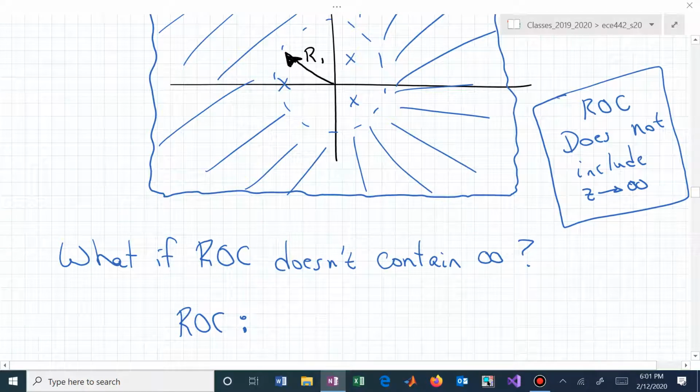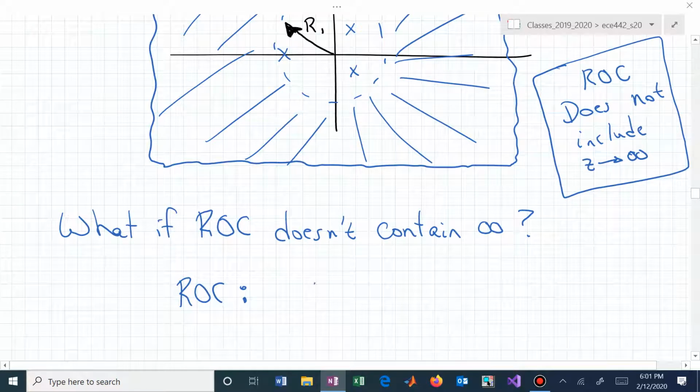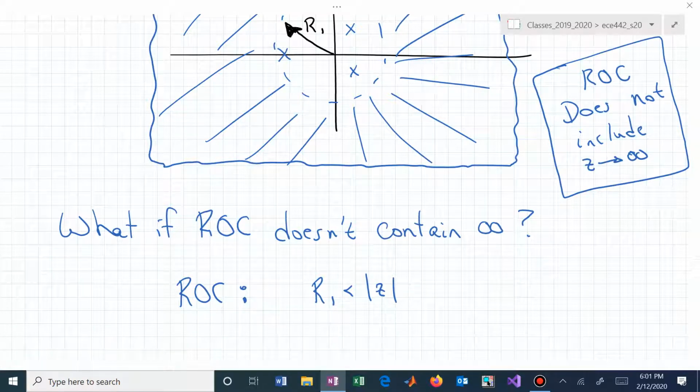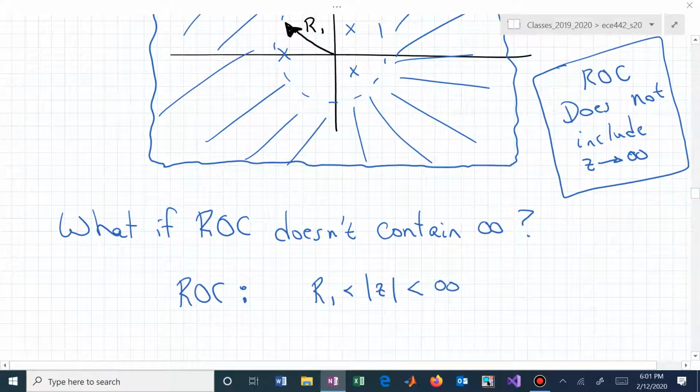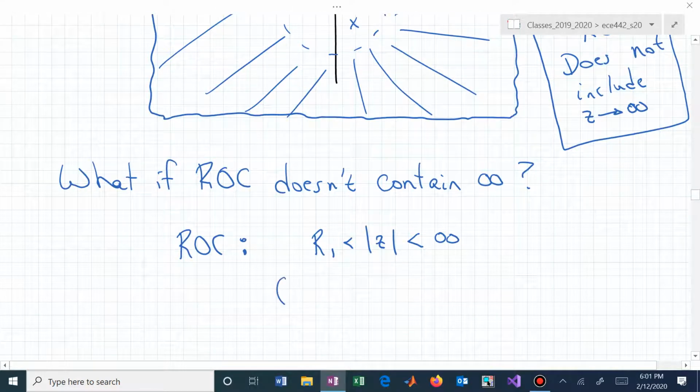Or could we express that in an inequality way? Before, we could have said, oh, R1 is less than the magnitude of z. But now what do we have to do? In pattern 1, without the variation, we could have said z is bigger than some radius, R1. Now we need to say that it can't go off to infinity, so that's less than infinity. So the region of convergence, in this case, the ROC remains bounded.